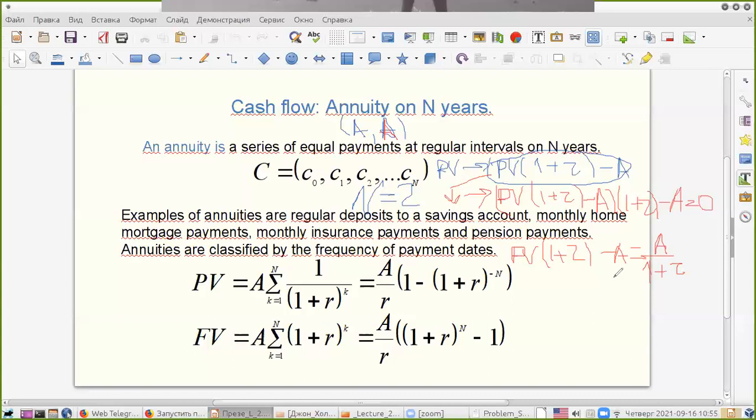After that we can move this to the right side, it will be A plus this ratio, and after that we can divide both sides by 1 plus r, and the result will be the present value equals A divided by 1 plus r, plus this divided by 1 plus r. So it will be 1 plus r squared.